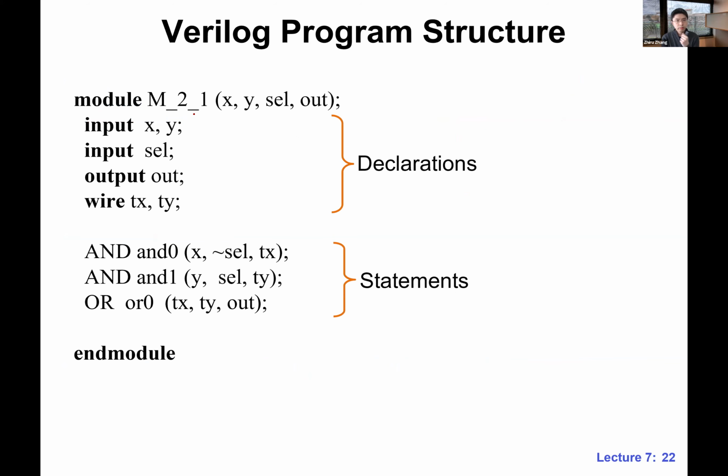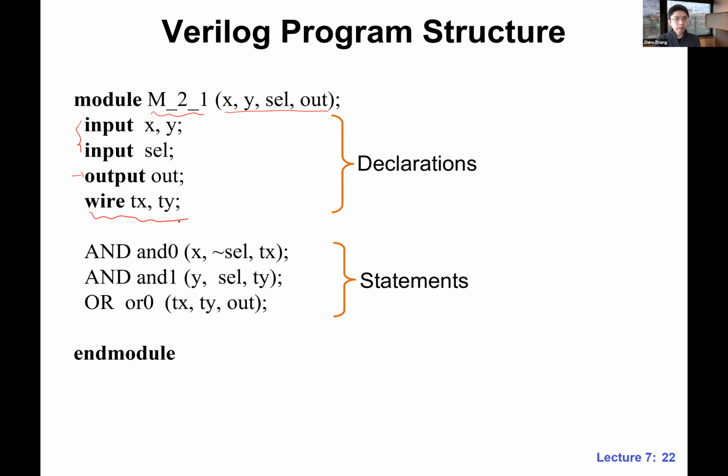In this case, we have a simple module with a module name here. We specify the signals, the inputs and outputs, in the parentheses. In this case, we have 3 inputs and 1 output, a 1-bit output, and some internal signals.